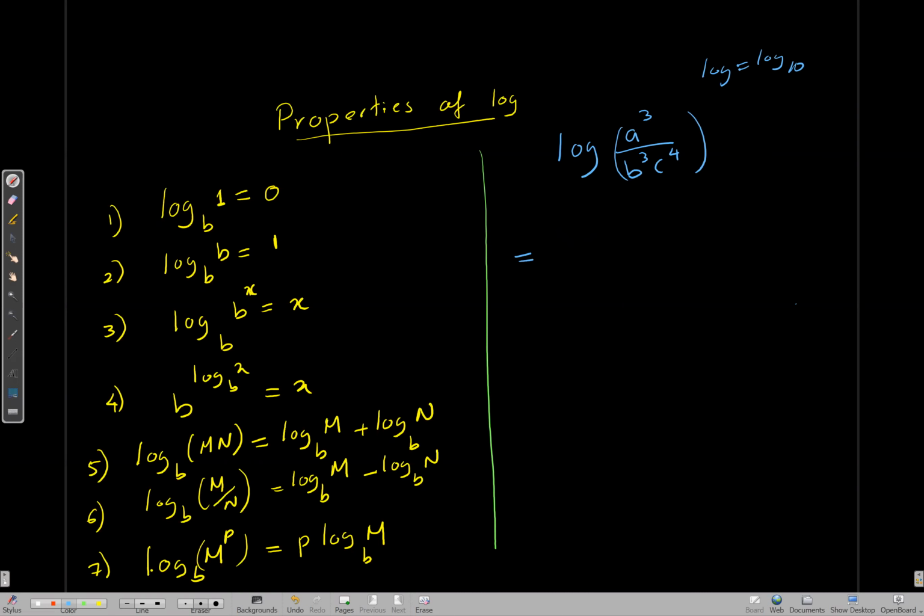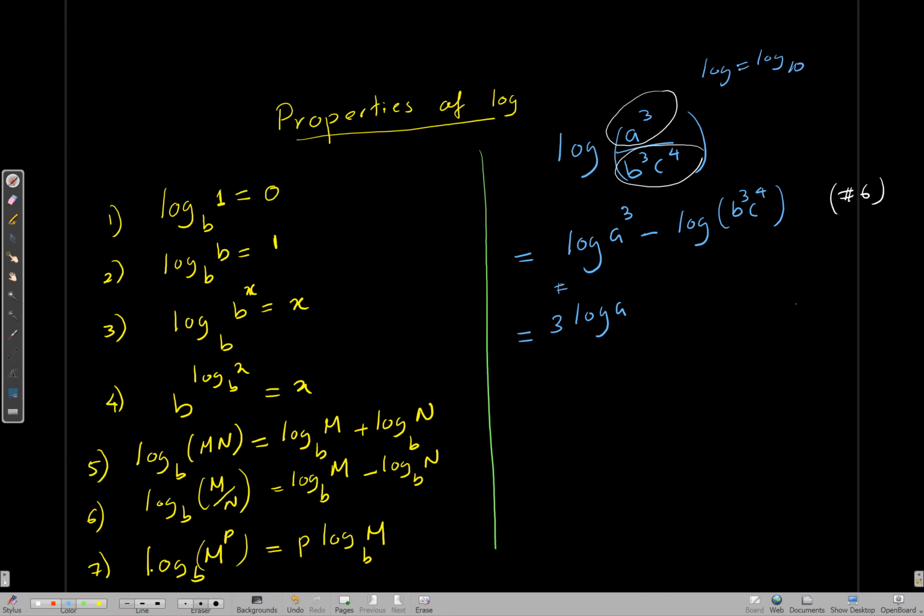Now, using property number 6, the quotient rule, I can write this as log a cubed minus log of b cubed c to the 4th. Do you agree? So what I'm doing is breaking it as one piece divided by the other and using property number 6. And now 3 comes forward, 3 log a, that's property number 7 from here to here.